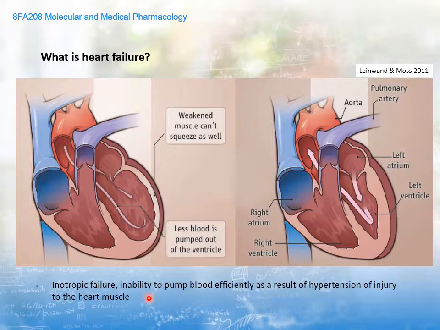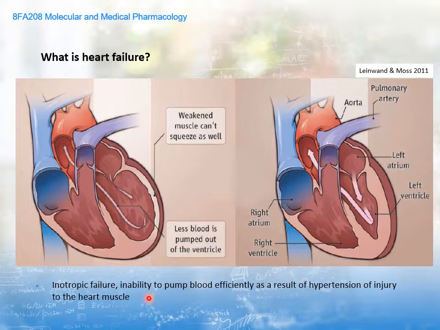And this could be caused by many different situations. One of them is hypertension, but also injury of the heart muscle. For example, a heart muscle that has undergone an infarct, that means that a region of the heart muscle has died, is not going to be able to produce the same kind of force.